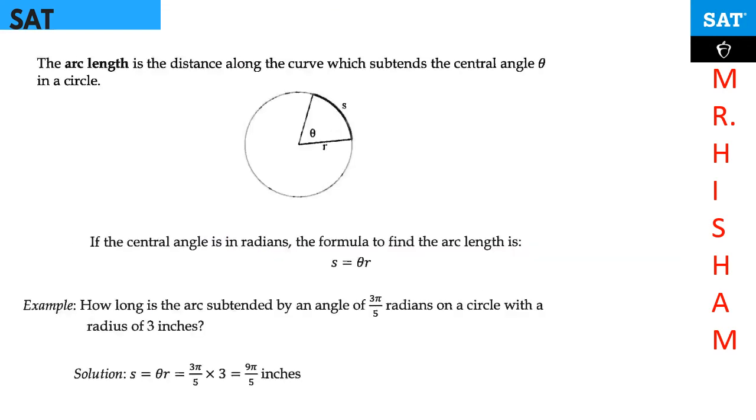If you have the arc length, and the measure of the angle is in radian, not in degree, and you wanted to find the length of the arc S here, so S represents the length of the arc, you can simply multiply theta, which should be in radian measure, by the radius length.